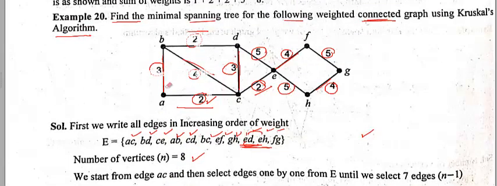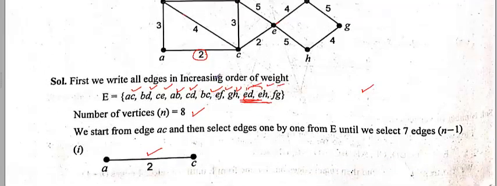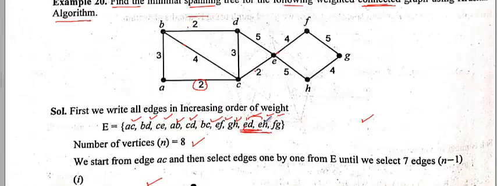Let me explain directly on the graph, because that is better. Okay, so you will take this edge because this is the minimum one. Now in this example, one thing is very clear: the next minimum is 2 and 2.